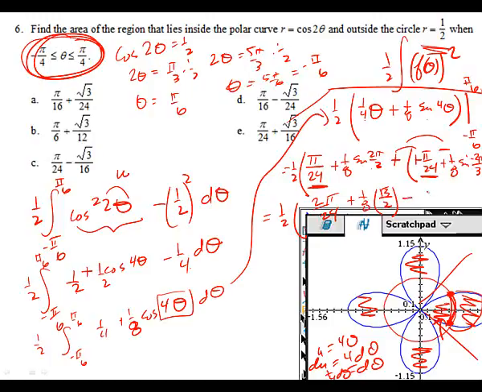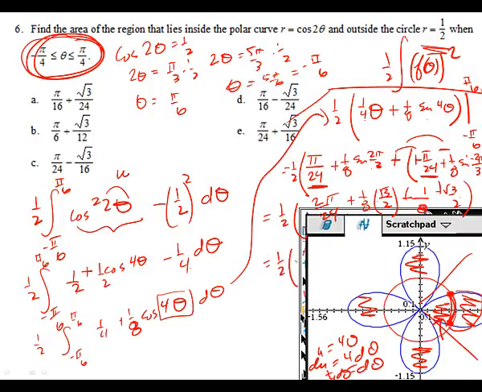Let's see what happens with the other half of it here. So negative 1 over, let's see, what's the sine of negative 2 pi over 3? Yeah, it's negative square root of 3 over 2, so that's going to go positive. So we've got 2 of these guys too, don't we? These would be square root of 3 over 16.